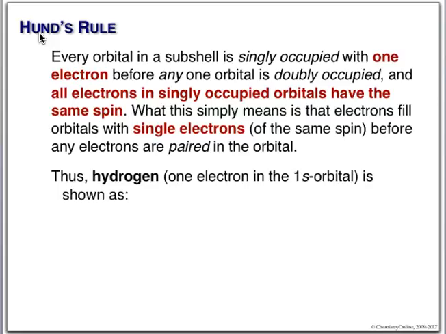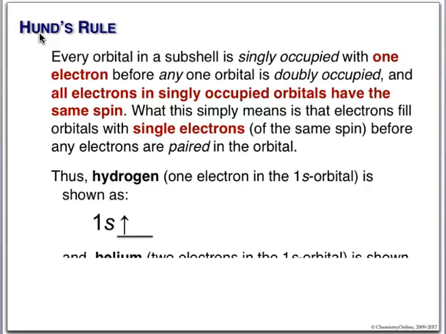So for hydrogen, hydrogen is in the first period right there, has 1 electron, has to be in an s orbital. We would write it as this, the 1s, with 1 electron. Helium. Helium is in the first period. It's right over there somewhere.